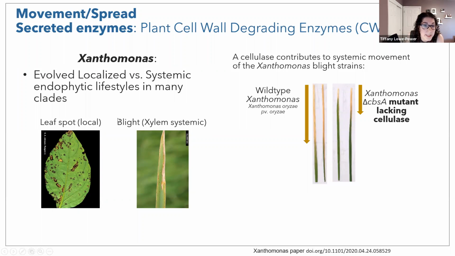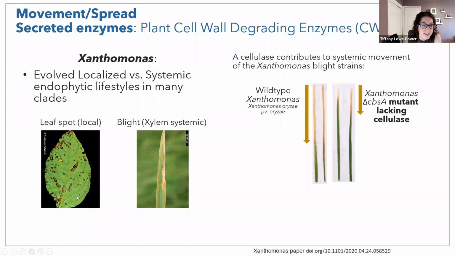And other Xanthomonas move systemically in the xylem and cause blights that move down along the venation of the leaves. And there's a very cool recent paper that found one trait that helps contribute to the different lifestyles of this pathogen.